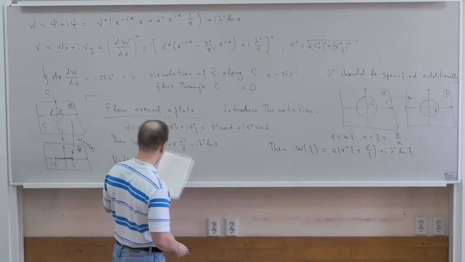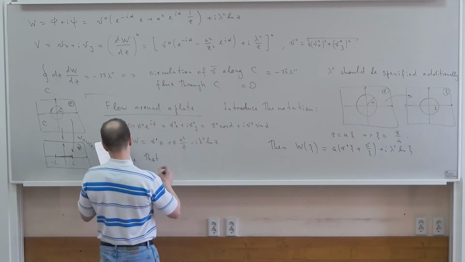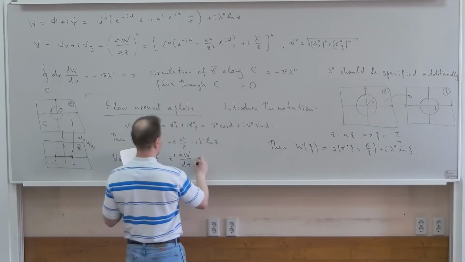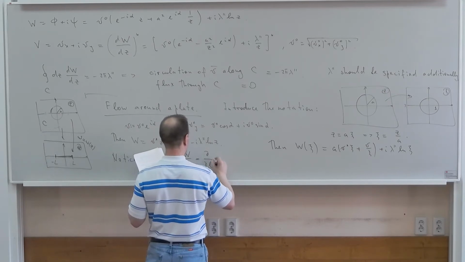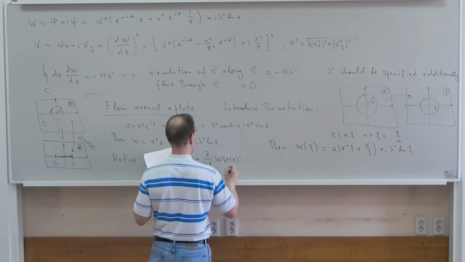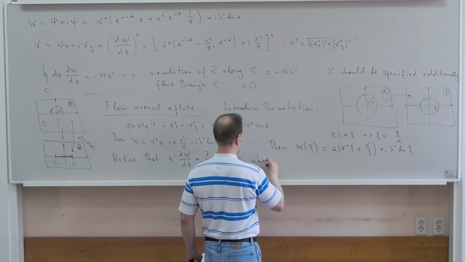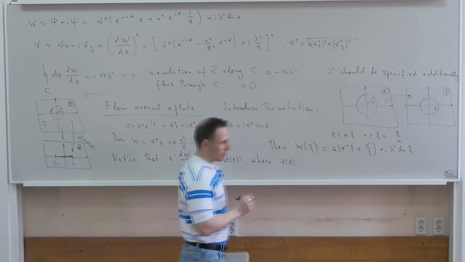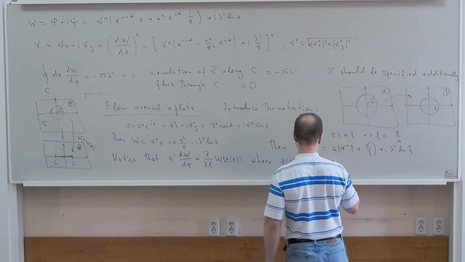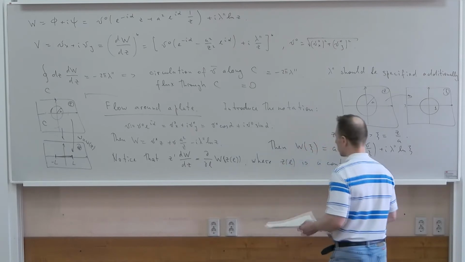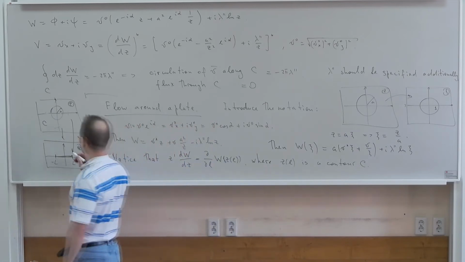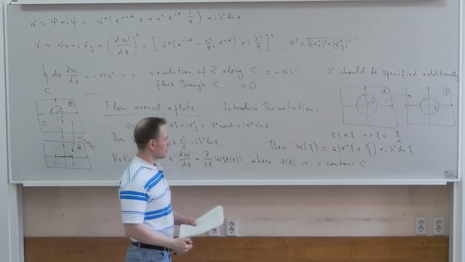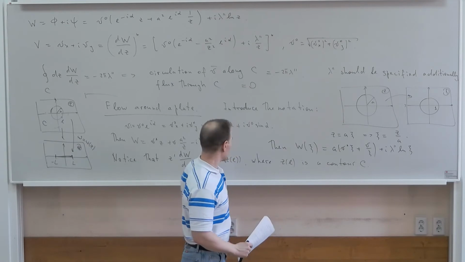In order to see that, we consider the following derivative, which is just where z of L characterizes a contour C. That is, we parameterize this contour C by some parameter L, and the very contour C is specified by this mapping.